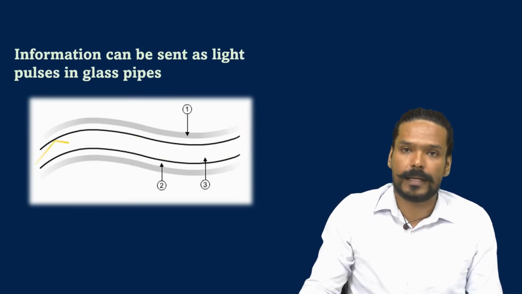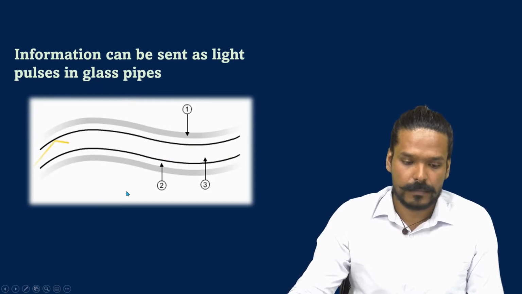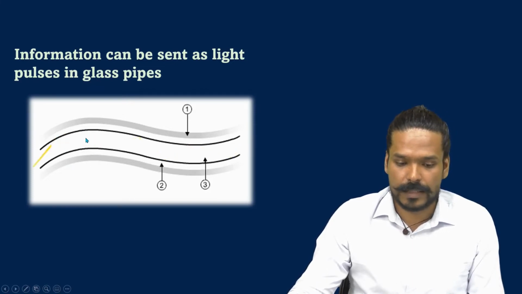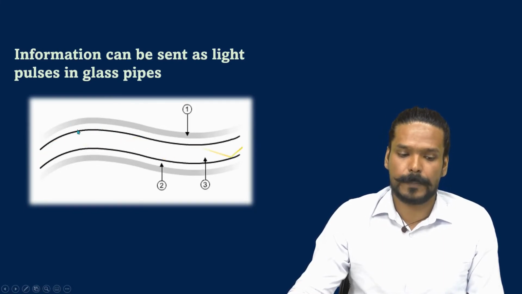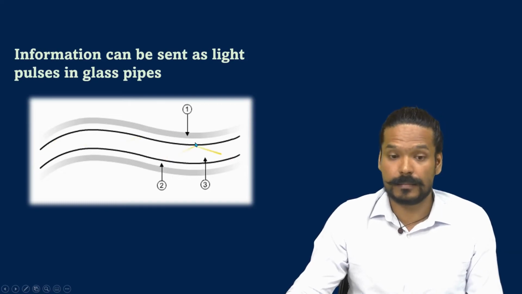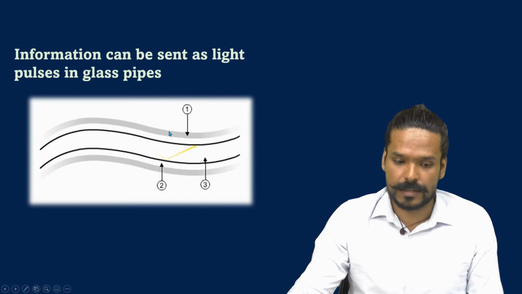Now you can see the schematic diagram here. The central portion, which is a transparent medium, is called the core, and it is surrounded by a rarer medium which is called cladding, and there is a third layer which is a protective layer.